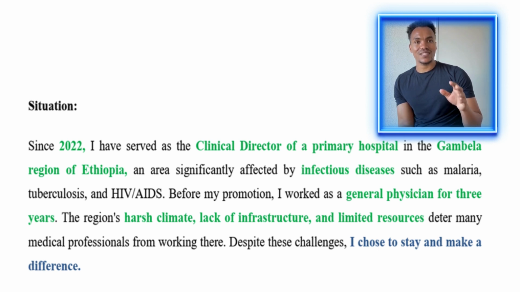The reader should get the background, the context, what you are going to talk about. They should know who you are, what you are doing, what you are dealing with. You give them the base, so that they understand the situation.